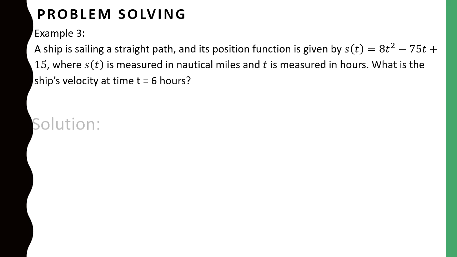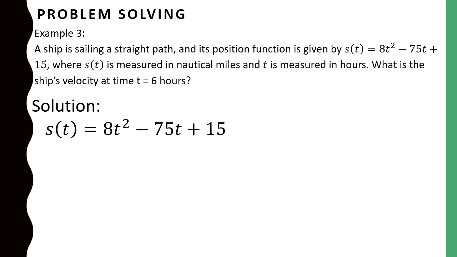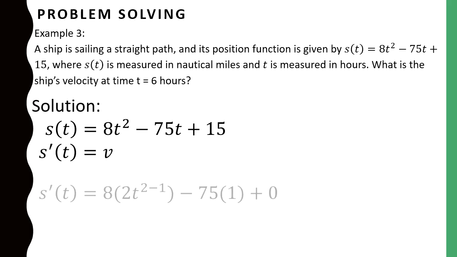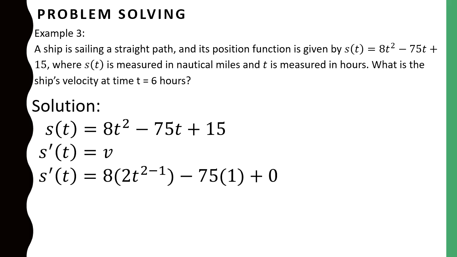Again, we first get the derivative of our function s of t equals 8t squared minus 75t plus 15. So that is 8 times 2t raised to 2 minus 1 minus 75 times 1 plus 0.